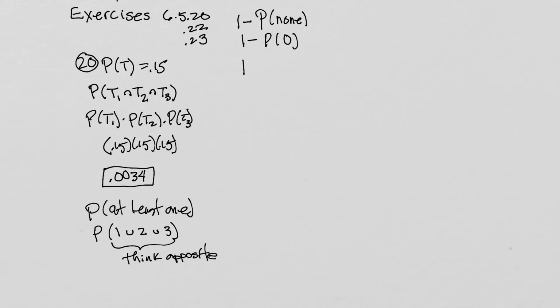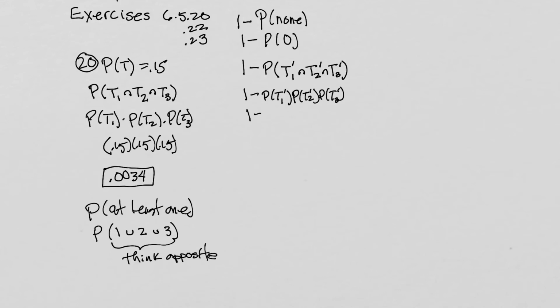1 minus the probability of getting no tunas on the first outing, and no tunas on the second outing, and no tunas on the third outing. Again, we're assuming that these are independent, so we're going to multiply: 1 minus the probability of no tunas on the first, probability of no tunas on the second, probability of no tunas on the third.